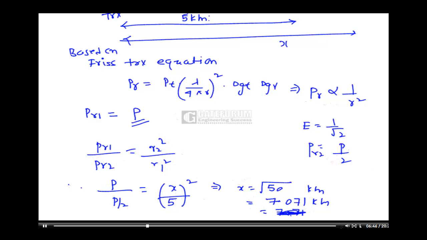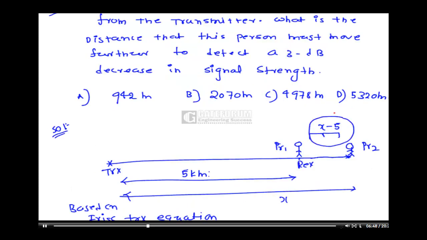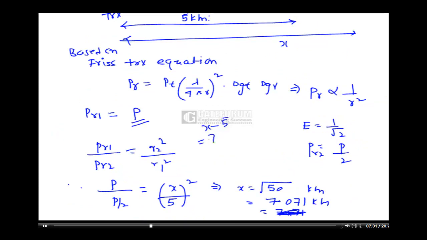But he has to move a distance of x minus 5. What is the distance between the first point and the second point? X minus 5 kilometers. Therefore, x minus 5 is equal to 7.071 minus 5 kilometers.